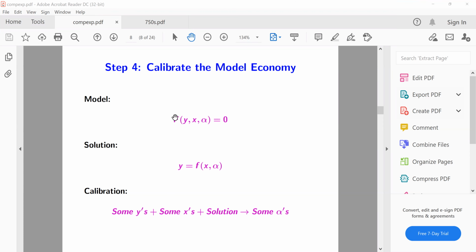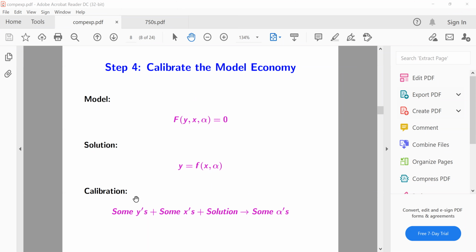These are equilibrium-defining equations of the model, first order conditions, constraints, etc. Then the solution means expressing the endogenous variables as functions of exogenous variables and parameters. Again, there are many functions here. So y1 would be consumption, y2 would be, I don't know, investment, and so on and so forth.